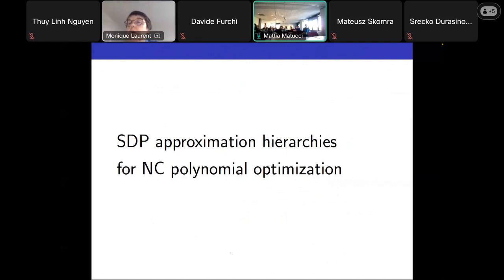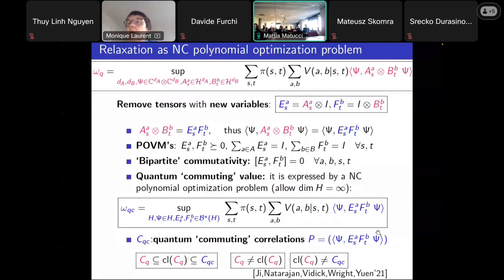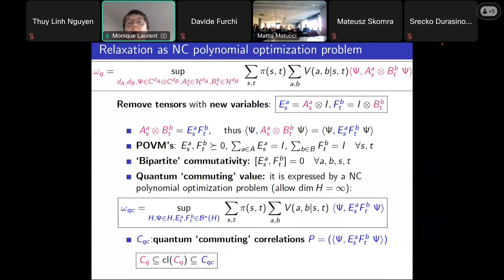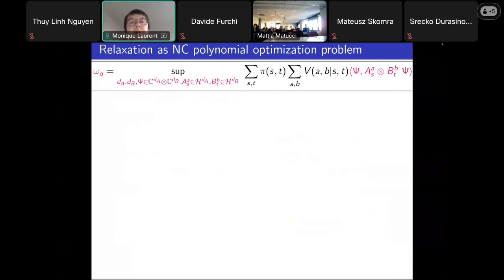Yes. Could you go back to the example about the graph coloring, please? Yes. Oh yeah, it's here. Yes, please. I think that's okay.